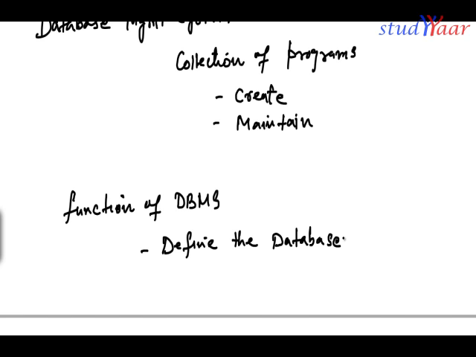When I say define the database, it basically means it helps me model the mini world into my database. It gives me constructs, language tools, so that I can create data structures in which the values can fit in. I can create constraints which map to the real world constraints.